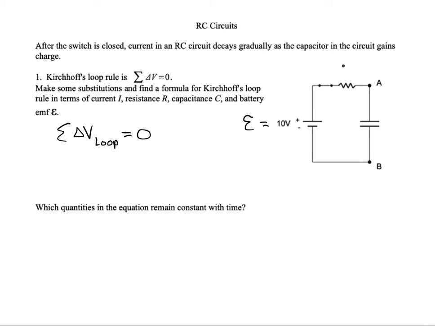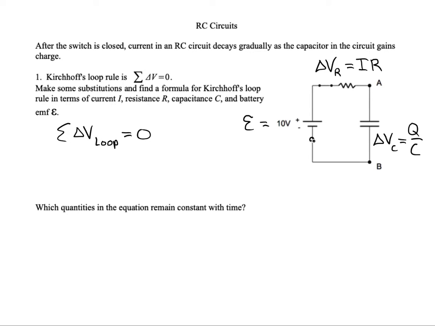We also have a resistor here, and the potential difference across it will be given by the current times its resistance. In our capacitor, we've seen in the past that the potential difference across it will be given by Q over the capacitance C.